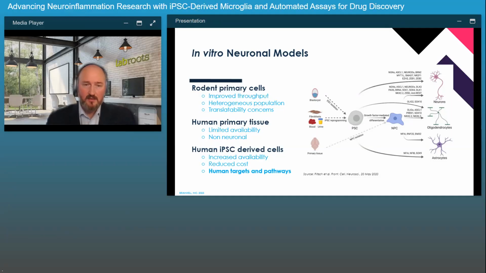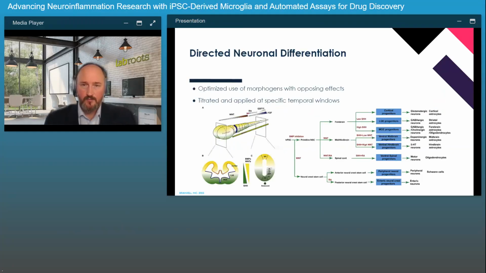So you can start from a fibroblast or a blood cell or even a urine epithelial cell and do reprogramming to turn that adult cell back into a pluripotent stem cell. That is an induced pluripotent stem cell. And then you take that stem cell and move it forward, creating all sorts of different types of cells.